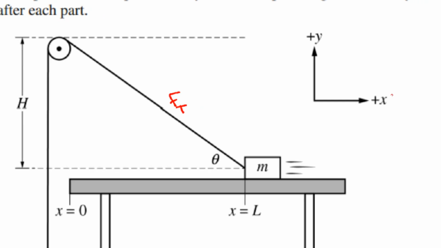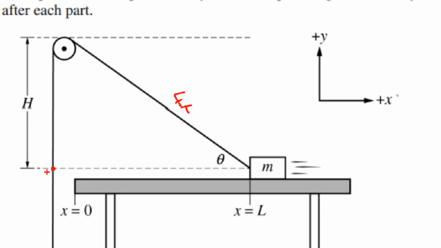We can utilize this triangle with point A, point B and point C. Here I suppose they didn't mention that the block is at x equal to L in part B, so we're assuming AC would be x, in which the block is at any point between A and C. So this is h, this is x, and the hypotenuse would be given by radical h square plus x square.